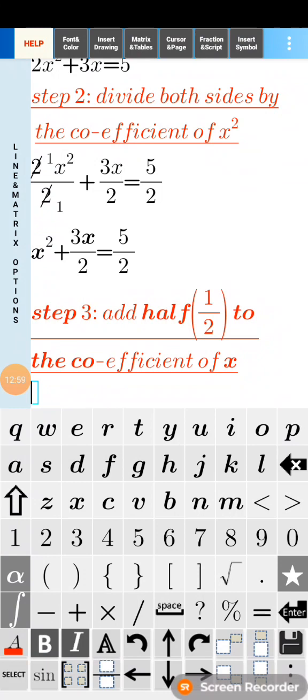Now, before I add half to the coefficient of x on both sides, just x and both sides. So let me also underline this.